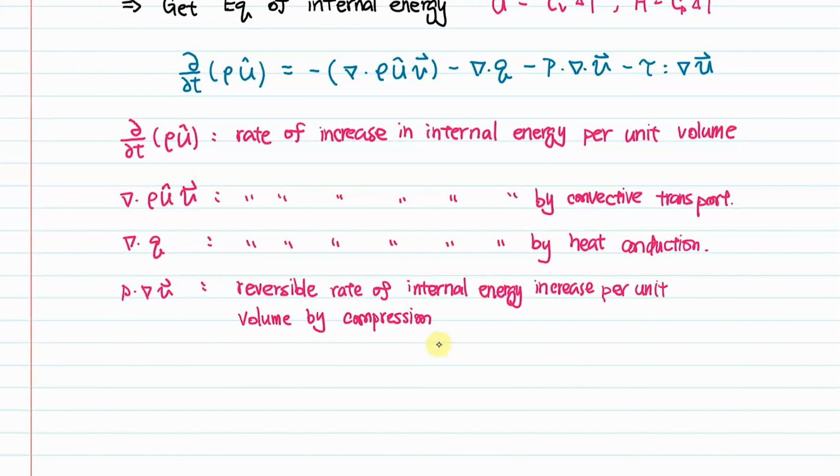And finally, we have the dot product of the shear stress tensor with the velocity gradient, which would be the irreversible rate of internal energy increase per unit volume by viscous dissipation.